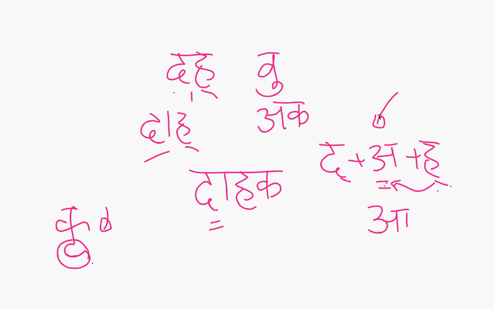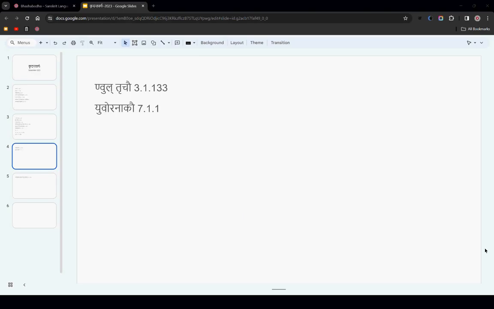For this there are two different, separate sutras, but anyway, they are caused by the Nakara there, the pratyaya Nvul. So Dahaka means one who burns, like Agni; anything which burns is Dahaka.